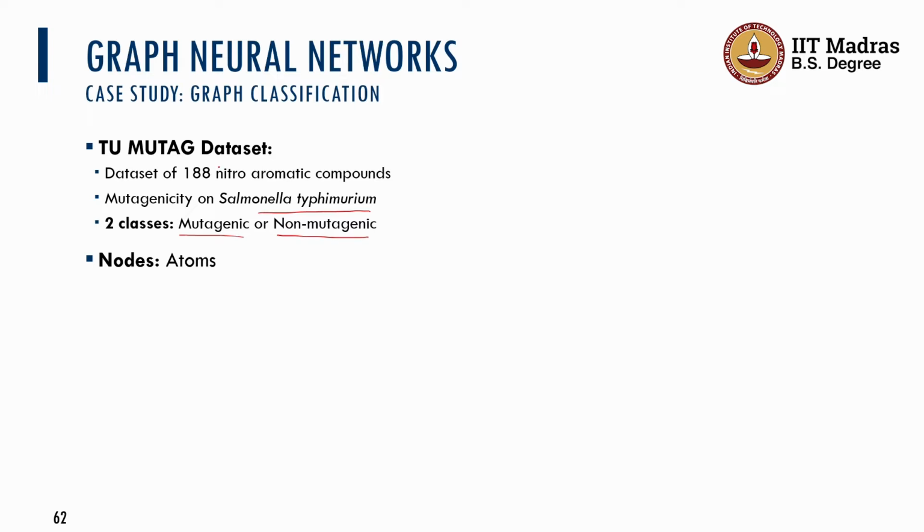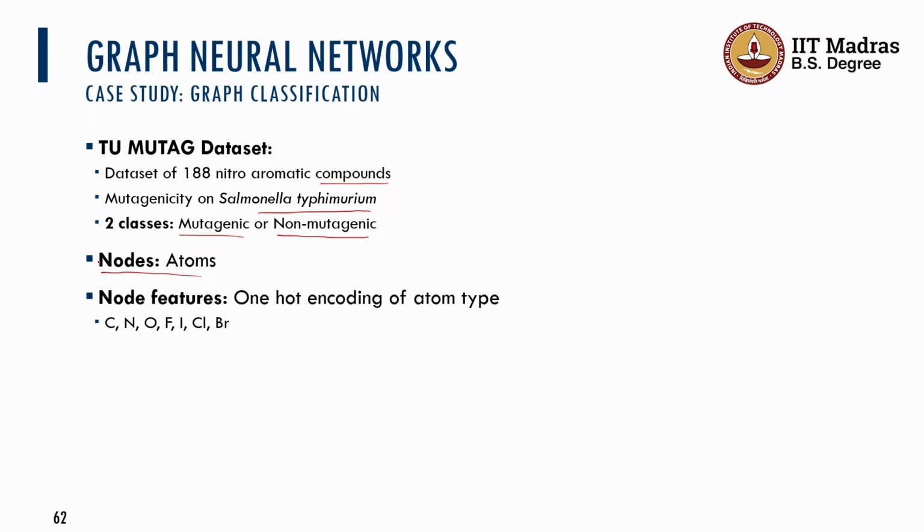Since we have 188 nitroaromatic compounds, we are going to consider each of them as a molecule, and in this molecule we will consider atoms as nodes.